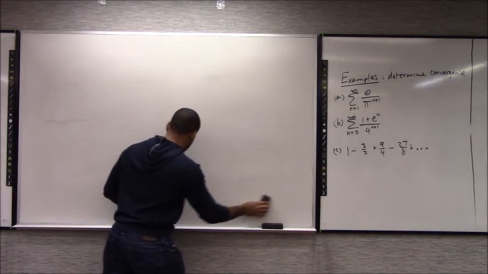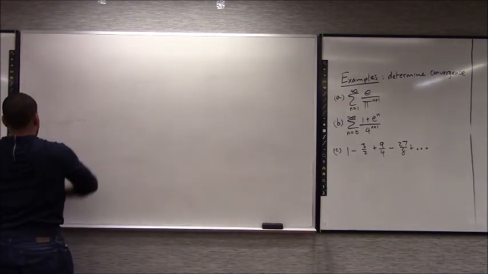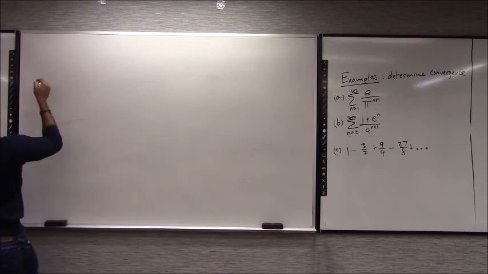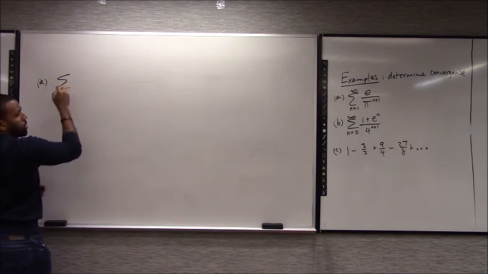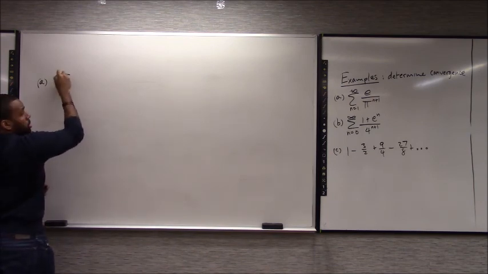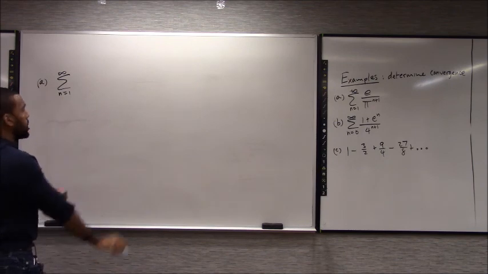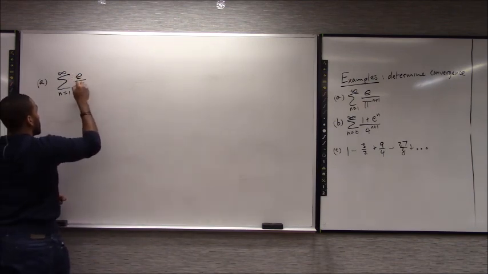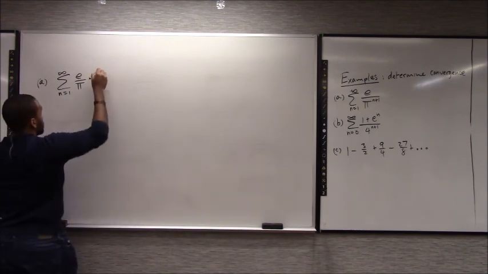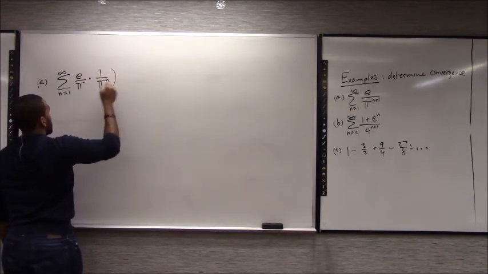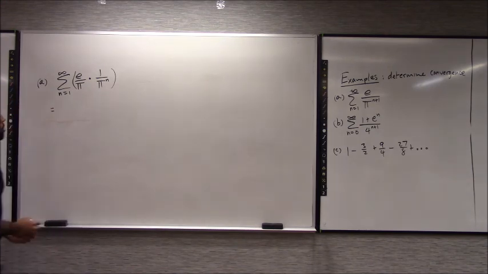Ideas for the first one? Take e over pi out. Want to factor out an e over pi? Yeah. What would you be left with? 1 over pi to the n. What can you do with that?